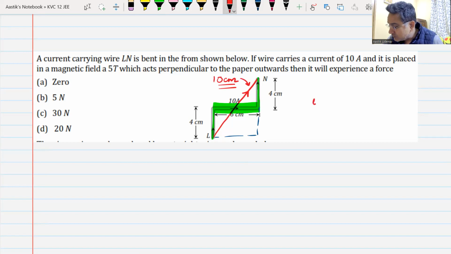The force on this wire will be I into L into B, and the direction will be perpendicular to this wire. Length of this wire is 0.1 meters. Magnetic field is 5 Tesla. I is 10 ampere. You multiply it, and I think you will get the answer as 5 newtons.